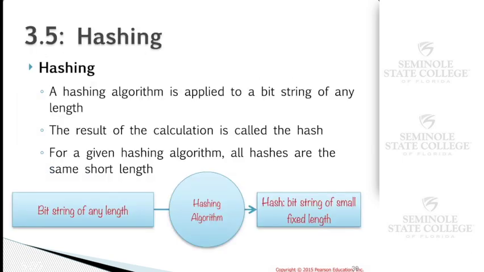We're going to jump a little bit and take a look at hashing. Well, what is hashing? Hashing is an algorithm that is applied to a bit string of any length, and what results from that is called a hash. Think of it as a hopper where you create a package, and no matter what you put into the hopper, it'll come out looking like a brown paper package which has the exact same size.